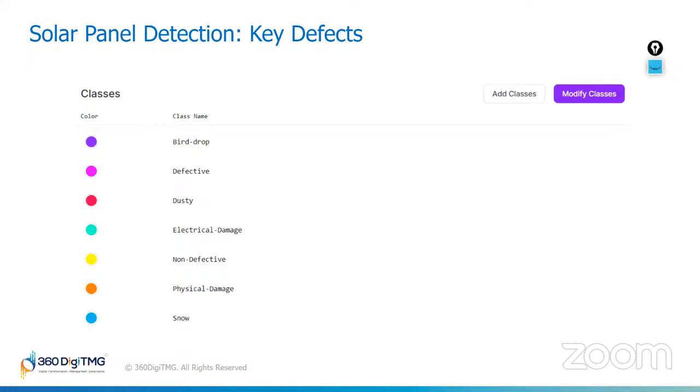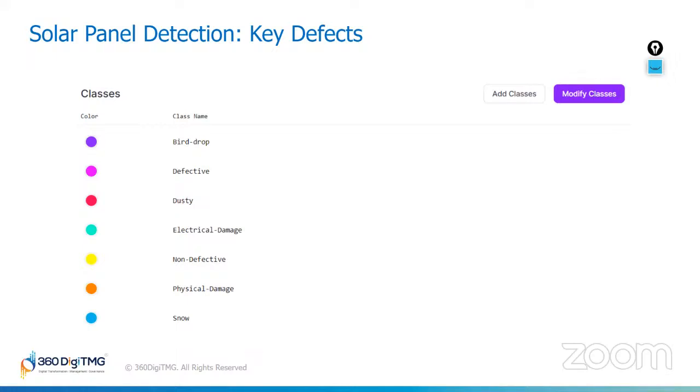Okay, so in our research, we came up with the key defects by which the efficiency of solar panels is affected. You can see these were the classes which we used to annotate. So we had defective as well as non-defective.